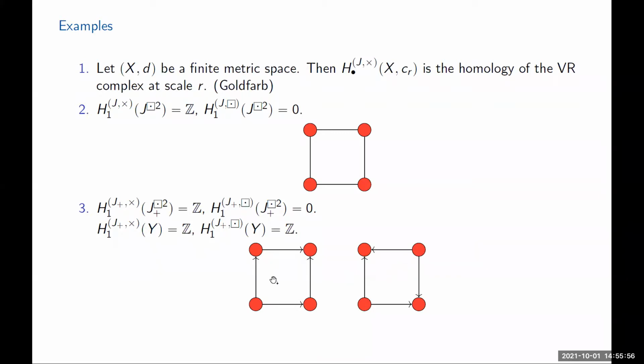So this is my Y. It turns out that these inductive homologies actually can differentiate between these two directed graphs. But if I restrict myself only to the regular product, they would be the same. These homology theories cannot differentiate between these two graphs. However, these inductive ones can. One of these homologies is 0, and the other one is just Z. So it seems that these inductive ones can be used to detect finer structures, maybe.